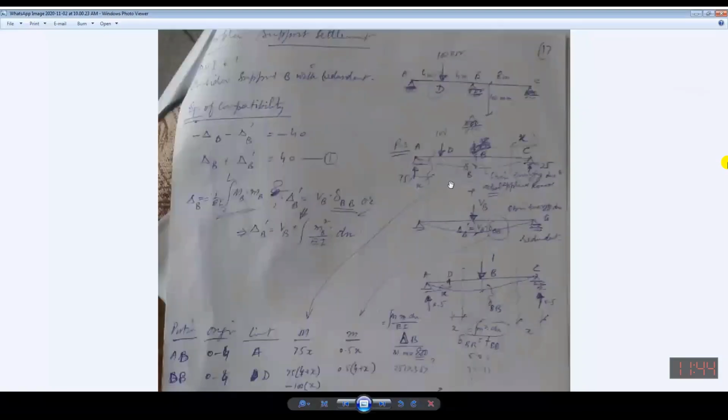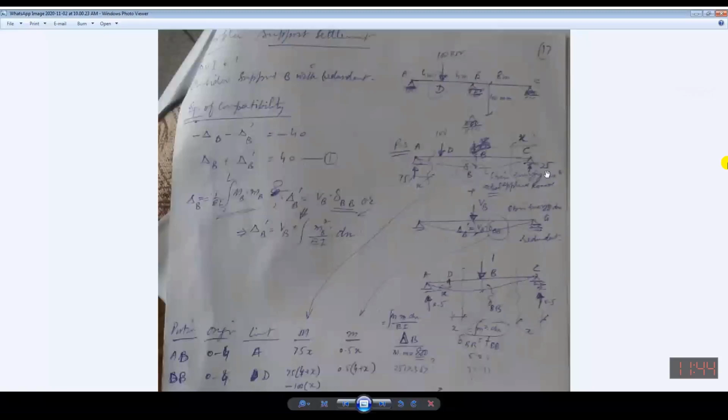I make it redundant, I remove the support. Then 100 is the applied loading. This is the primary structure, and under the effect of this primary loading I may calculate the reactions. This is 75, this is 25 from the calculations. Simple, as you usually do.